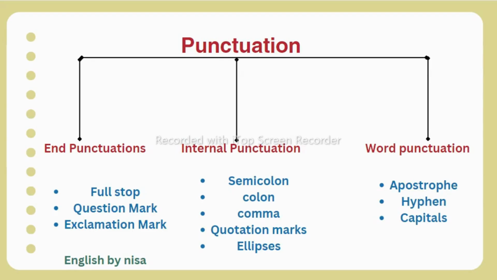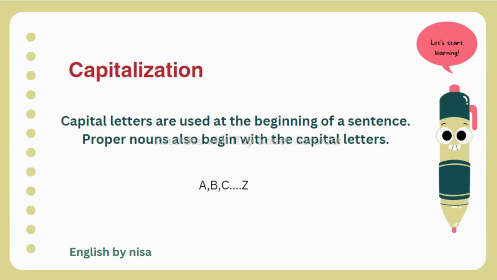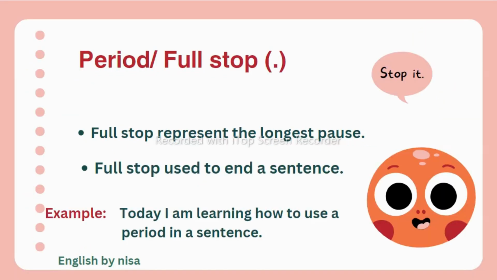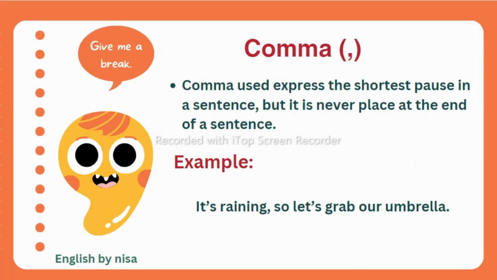We also saw the rules of capitalization, where we have to use capital letters, and the use of the period, meaning when we have to use a full stop. That is all explained in the last video. You can watch it from the link in the description box, and also you can see above on the I button. Now in today's video, we are going to discuss the next punctuation mark, which is the comma.